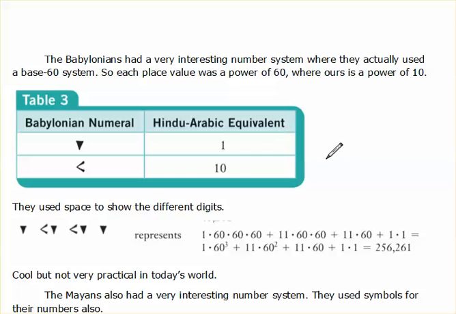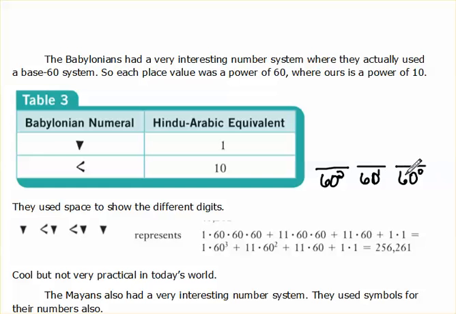So if you had a 3-digit number, let's say, this first position would be 60 to the 0, or the ones position. Then the second position would be 60 to the first, or worth 60, so however many they had, you'd multiply it times 60. And then this third position would be 60 squared. So you would end up multiplying out whatever this was times 3600.